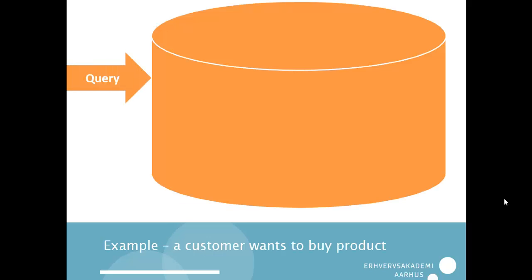So in this example, a customer wants to buy a product, and we can break down this process of buying a product into a few steps. The first step will be to create a row in the order table. We want to create an order, so we are able to specify this is the customer, and the order will then be the main part that will hold the lines of the order.